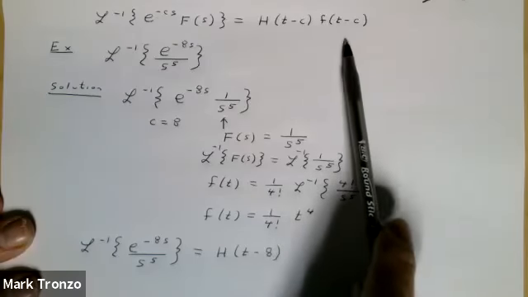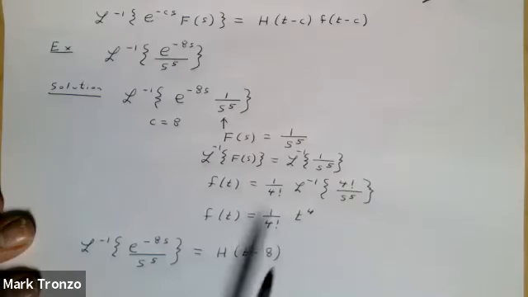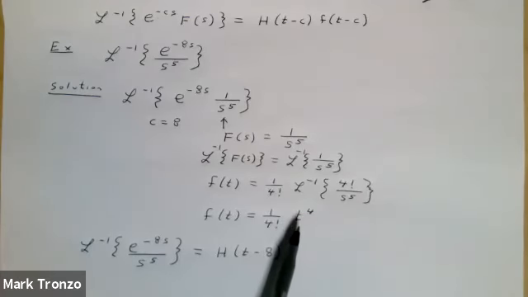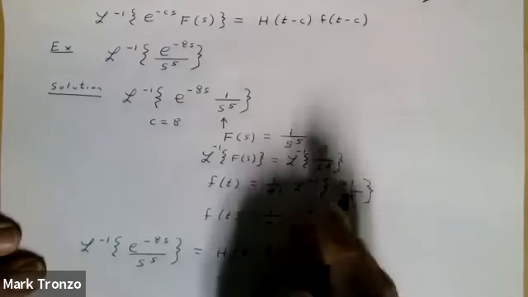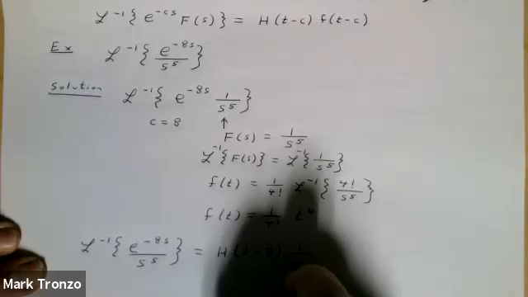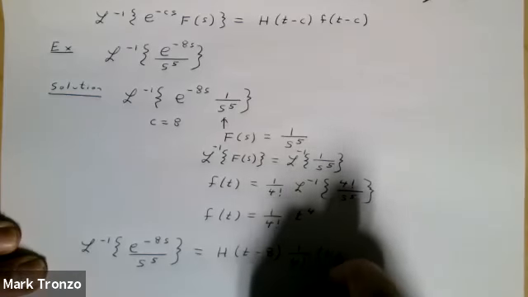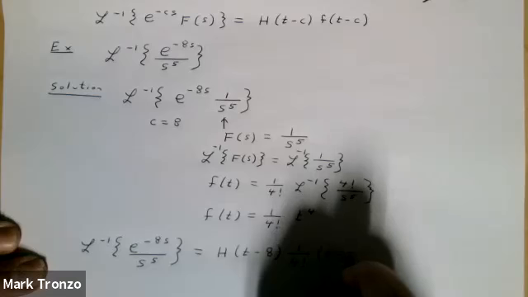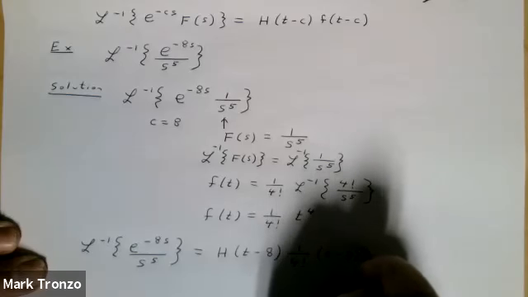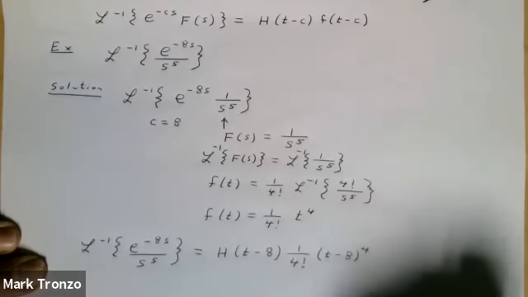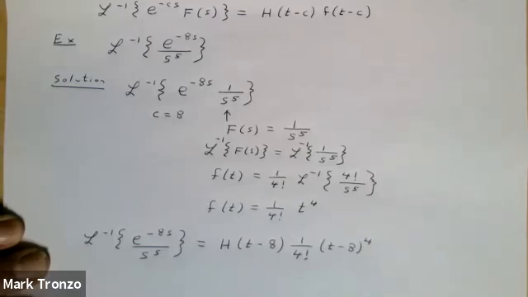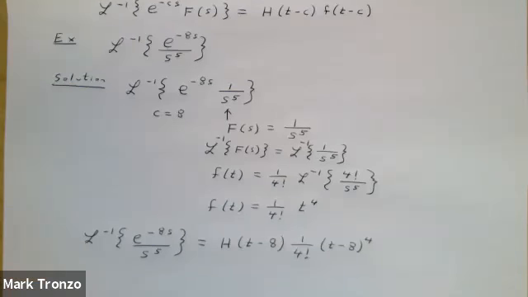And so, of course, c is 8 again. So that means that in our function here, we're going to put t minus 8 in for t. So 1 over 4 factorial times t minus 8 to the fourth, like that. And that's it.